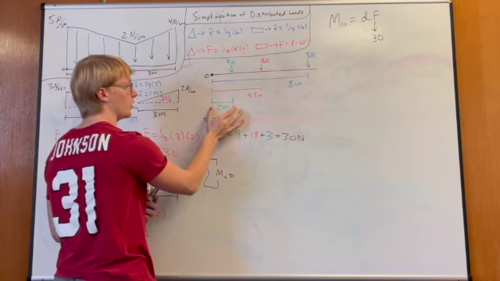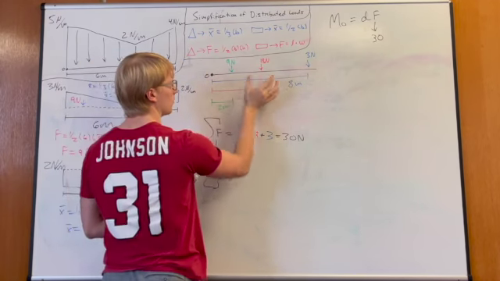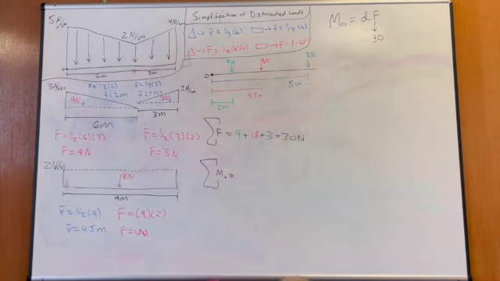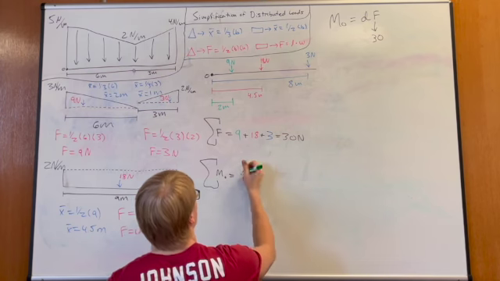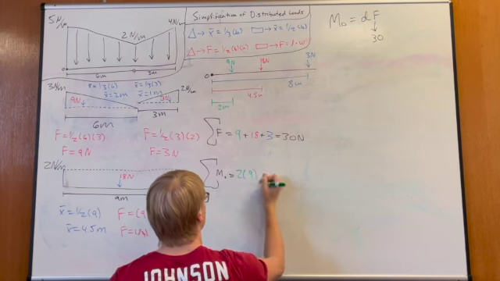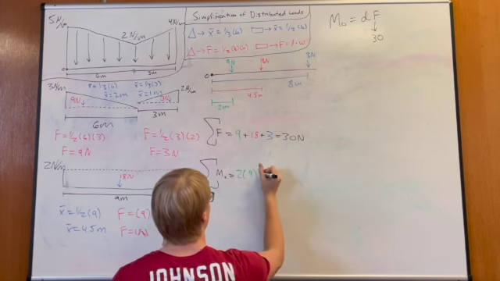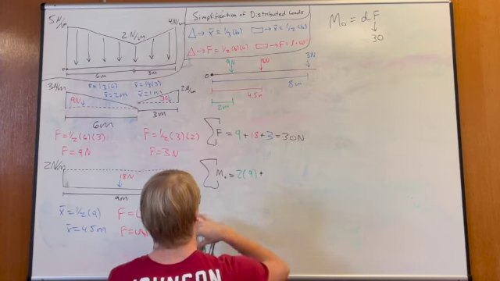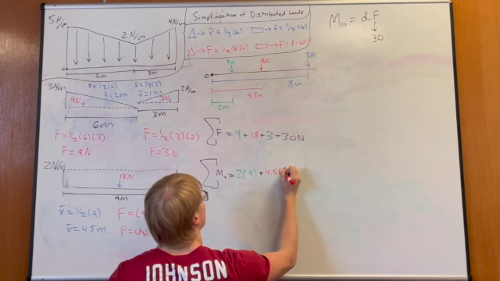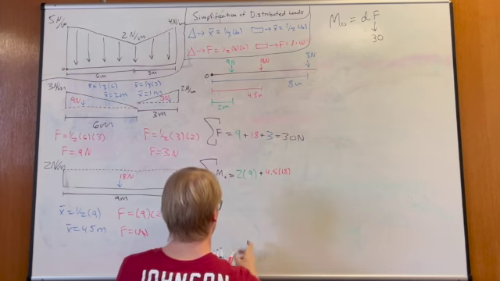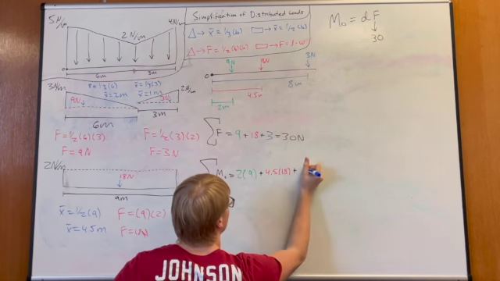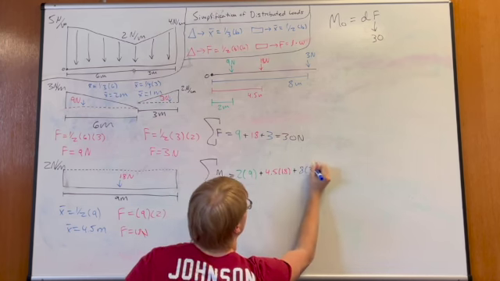And so we're going to use this same equation. In this case, we know the distance of each force. And so the moment of the green is going to be 2, distance times the force, plus the moment of the red, which is the distance times the force, plus the moment of the blue, which is the distance times the force.